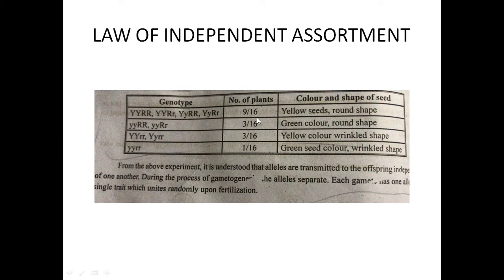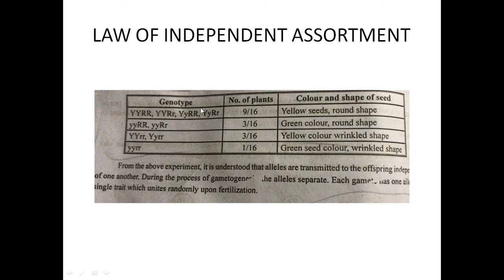Nine out of 16 in the dihybrid cross were yellow seeds and round shape. 3 out of 16 were green color and round shape. 3 out of 16 were yellow color and wrinkled shape. 1 out of 16 are green seed color and wrinkled shape.